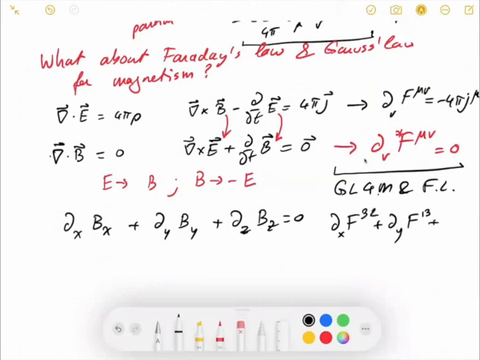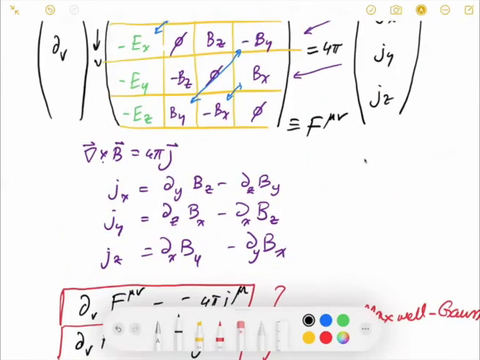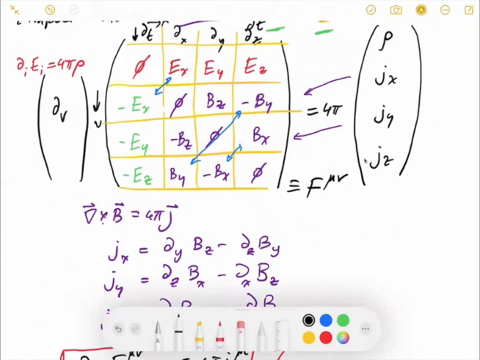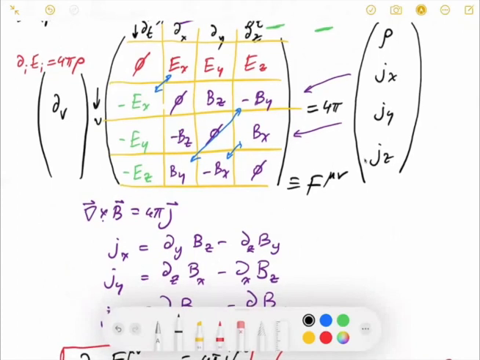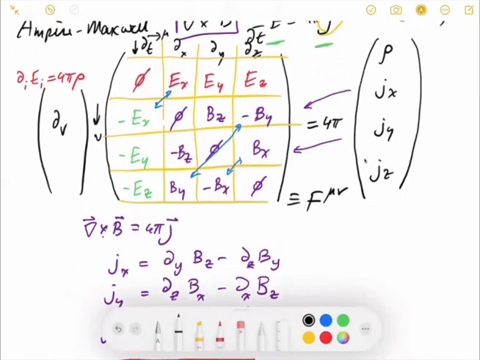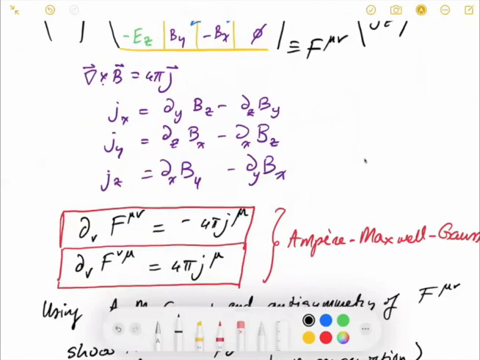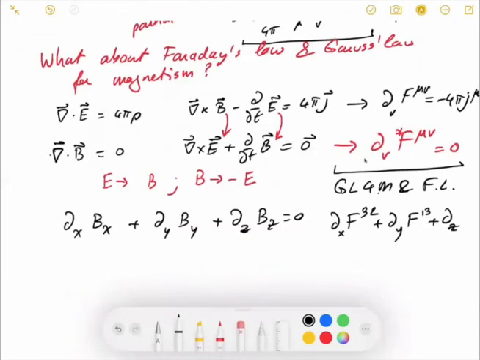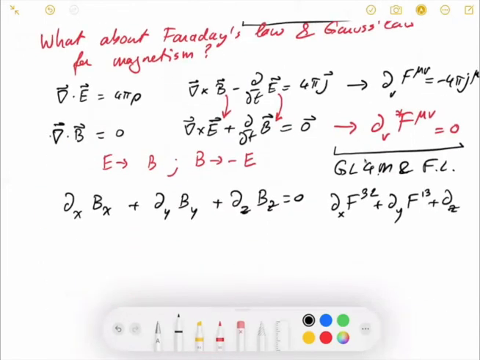Yeah, plus del z, and then we need a Bz. Bz is column 2, row 1.